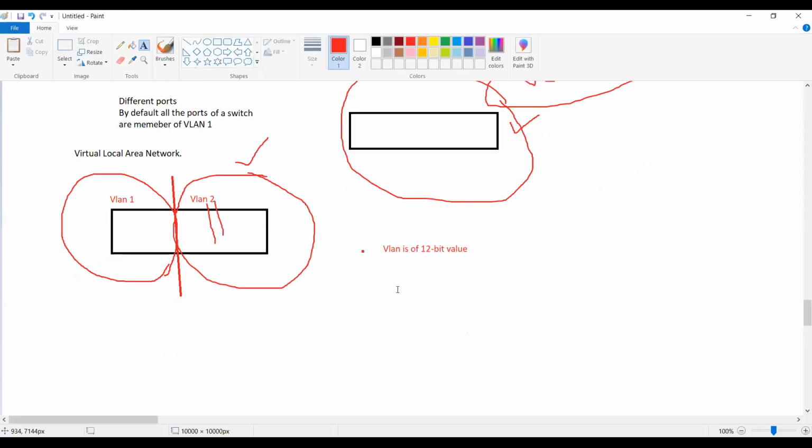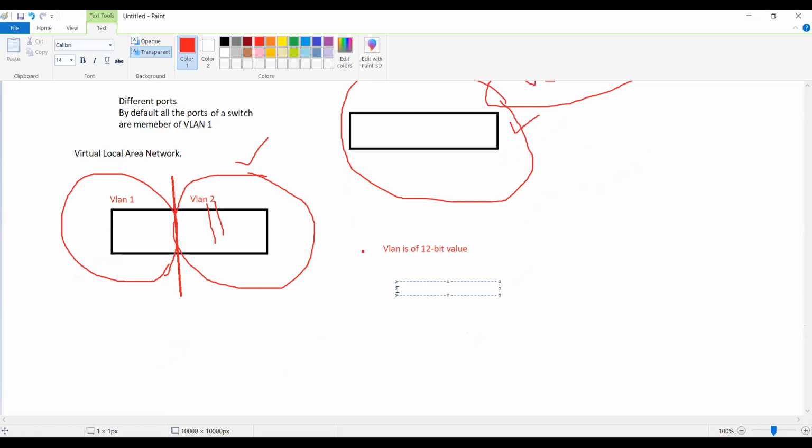Two raised to power 12, how much? 4096. Okay. So if it starts from 0, how much? 4095.